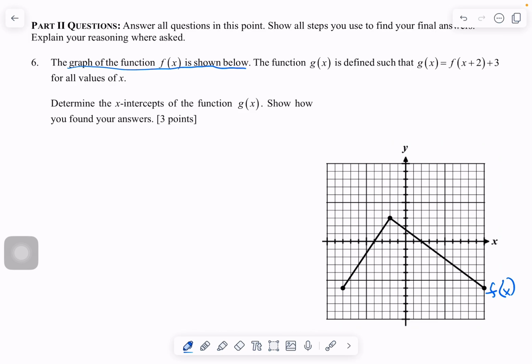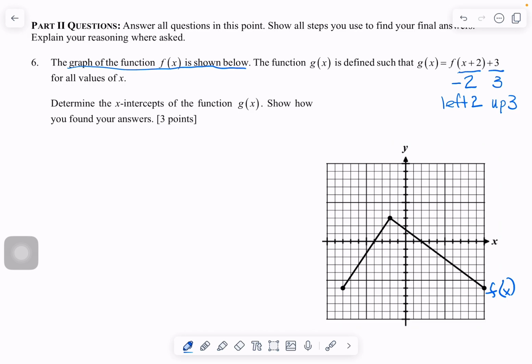And then the function g of x is defined as this f function with a shift of x plus 2 plus 3. So the shift in the x direction is going to be a negative 2, or left 2. The shift in the y direction is a positive 3, that we don't have to change the sign, or up 3.